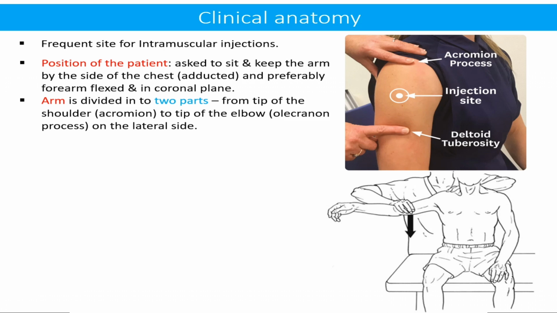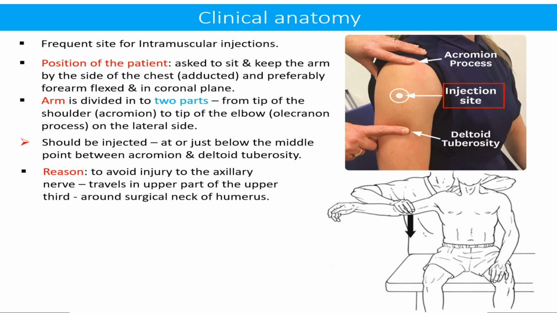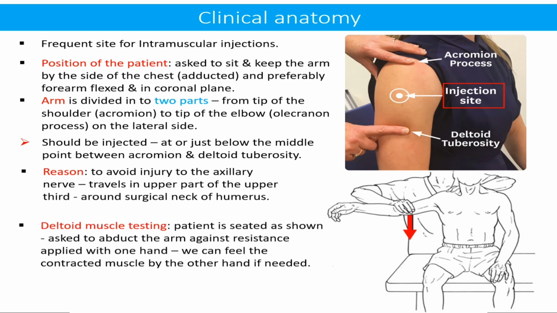Arm is divided into two parts from tip of the shoulder to tip of the elbow on the lateral side. Injectable is injected preferably at or just below the middle point between acromion and the deltoid tuberosity. Reason being to avoid injury to the axillary nerve, as this nerve travels in the upper part of the upper third around the surgical neck of the humerus.